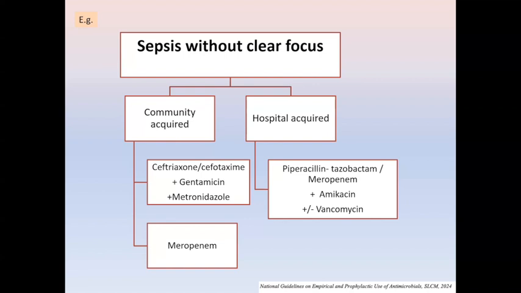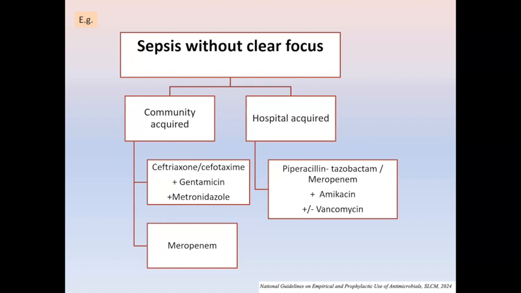But if you think the patient is severely septic and you have no clue, of course, we can start with meropenem, because we have no time to lose; it's better to de-escalate later than to lose the chance.